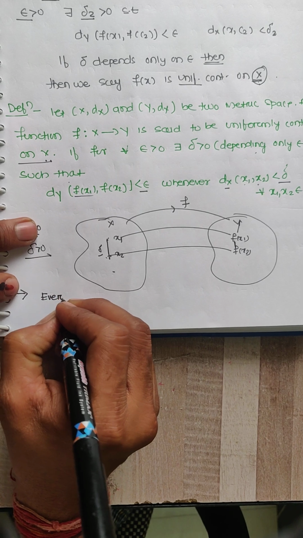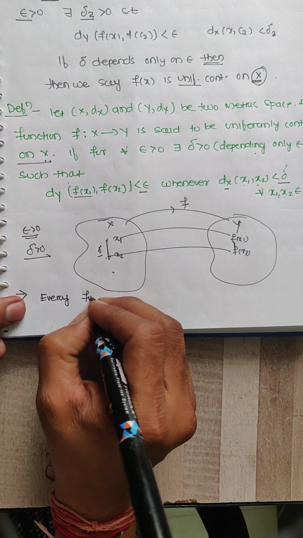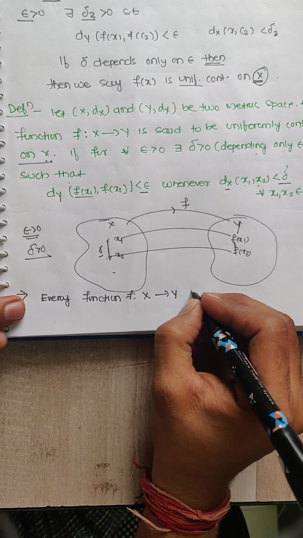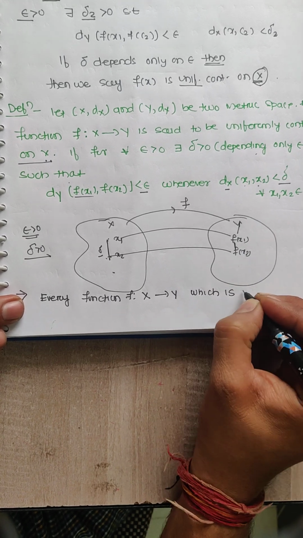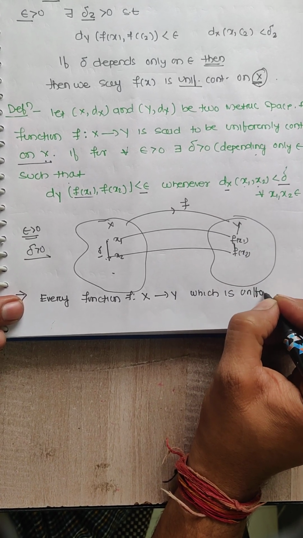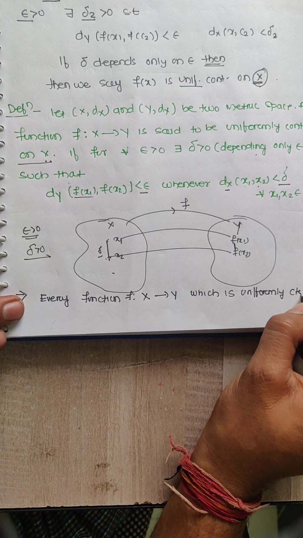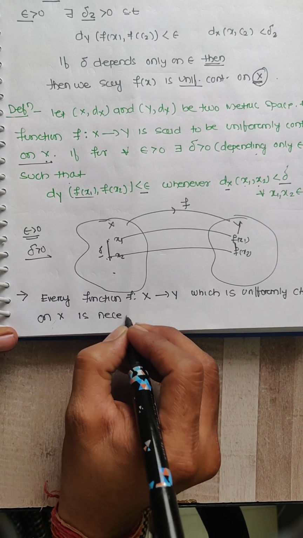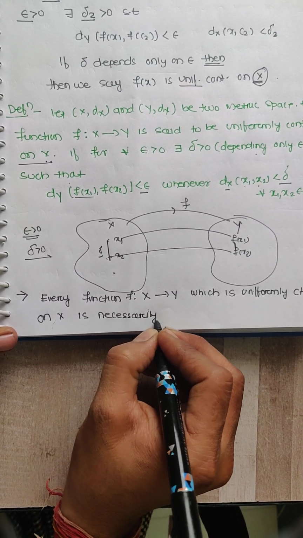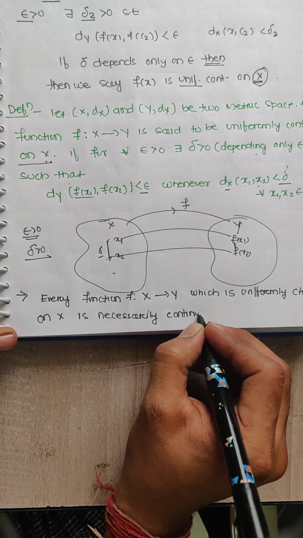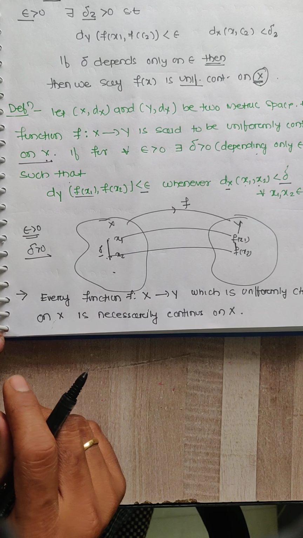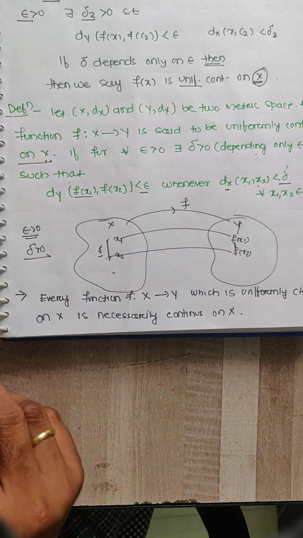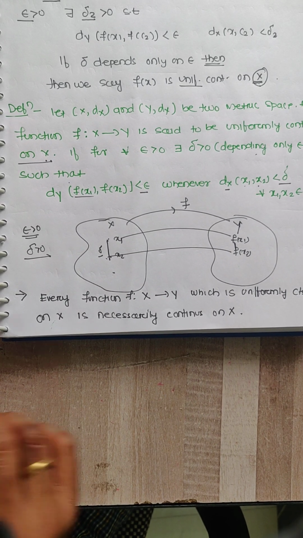Every function f from X to Y which is uniformly continuous on X is necessarily continuous on X. If the function is uniformly continuous on X, it must be continuous on X, but the converse is not true.